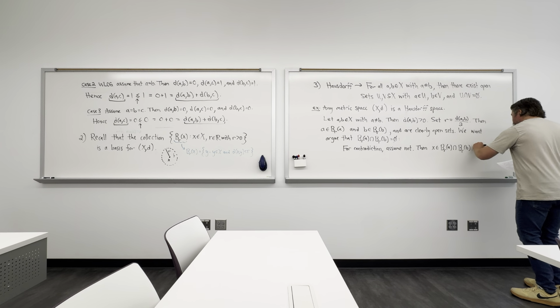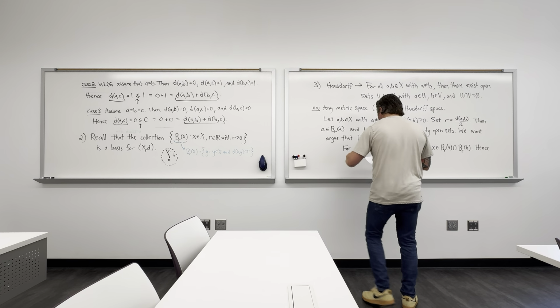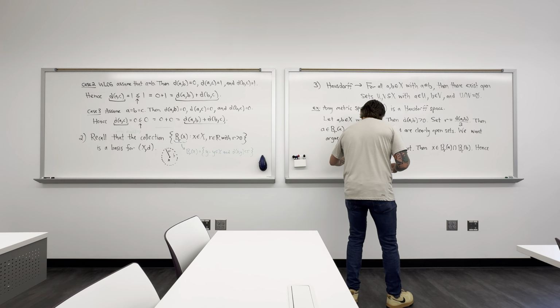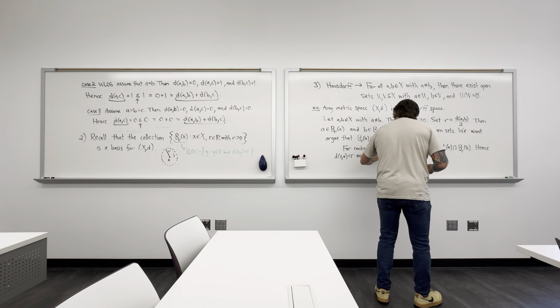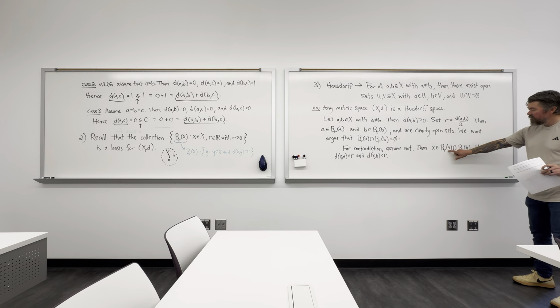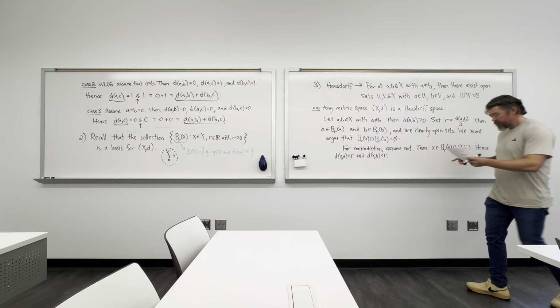So hence, d of x,a is less than r, and d of x,b is less than r. Because x is in here, the distance between a and the element is less than r. But x is also in here, so the distance between b and the element is less than r.